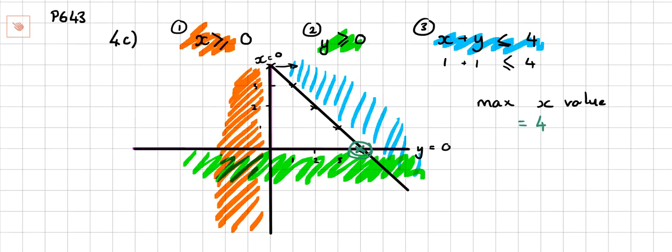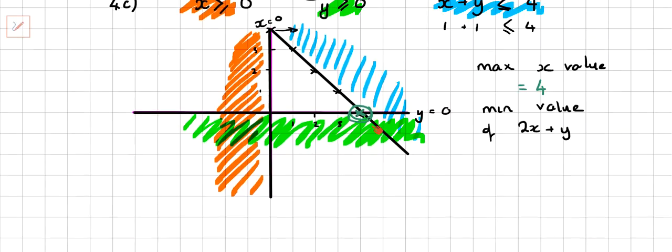But what about, for instance, if I introduced a different one and asked, what is the minimum value of 2x plus y, given the x and y values I'm allowed? Why do you say what you're saying?